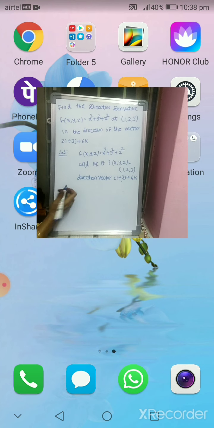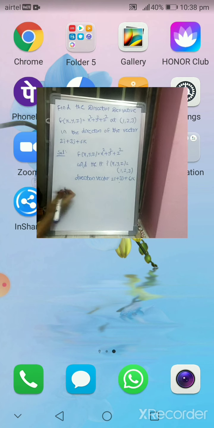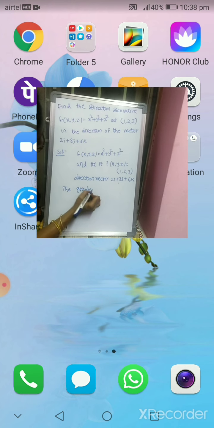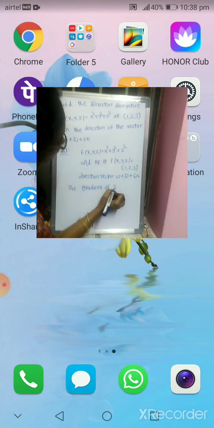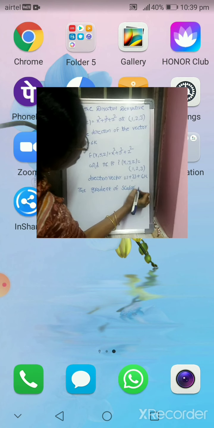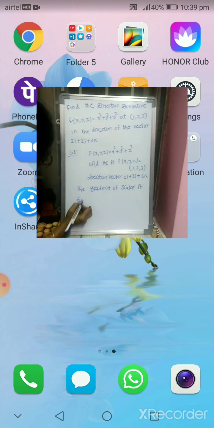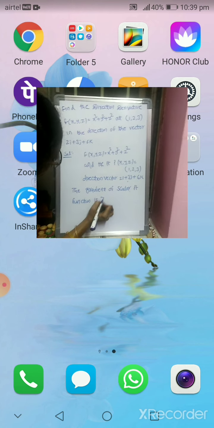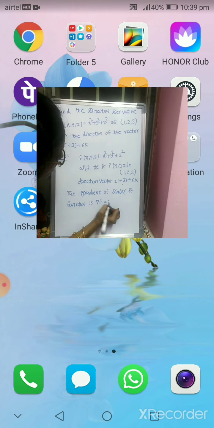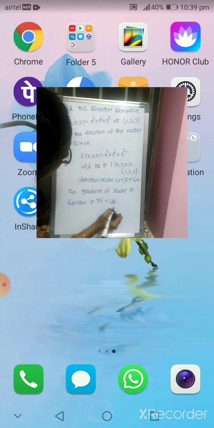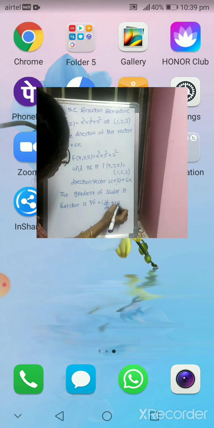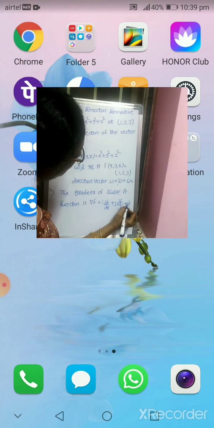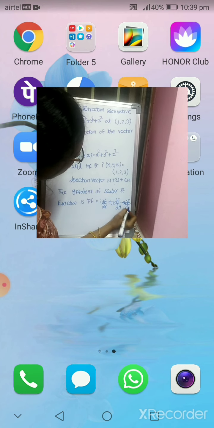So first we find the gradient of the scalar point function. Grad f is i dou f by dou x plus j dou f by dou y plus k dou f by dou z.